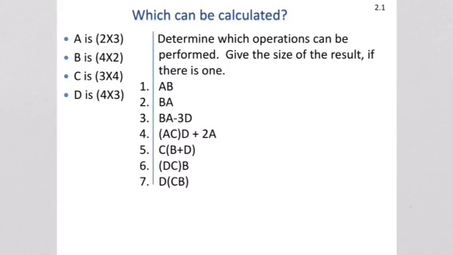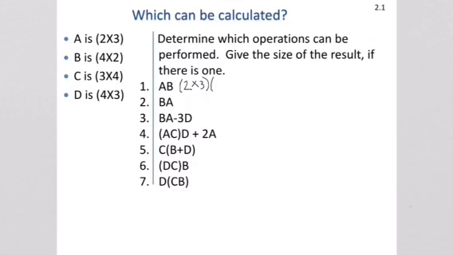Okay, so the question that we want to ask here is which of these can be calculated? We have sizes for matrices A, B, C, and D, and we want to know, like in number 1, for example, if A times B is defined. A is a 2 by 3 matrix, 2 rows and 3 columns.